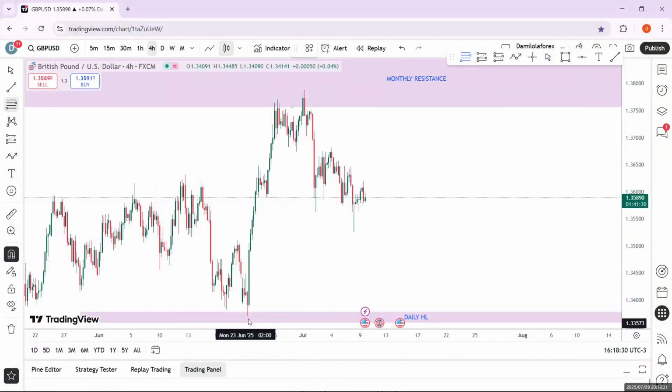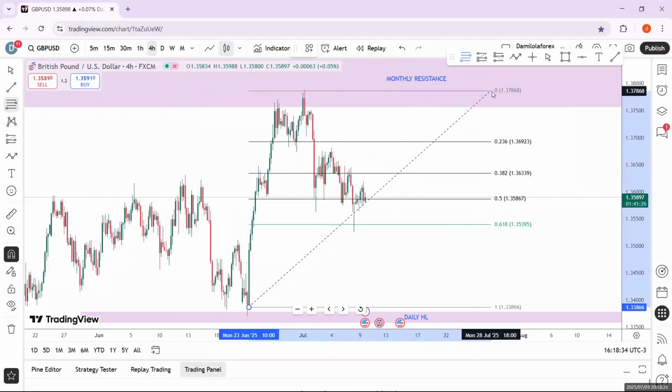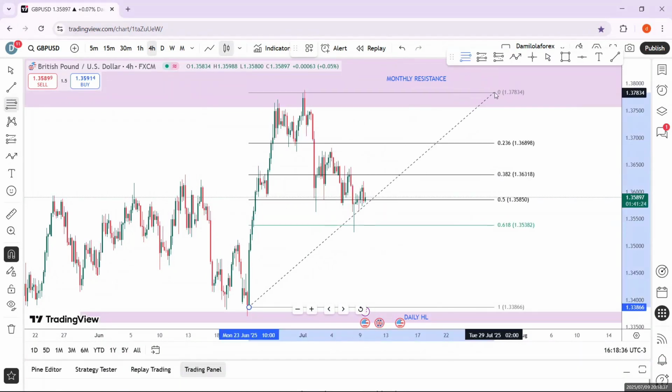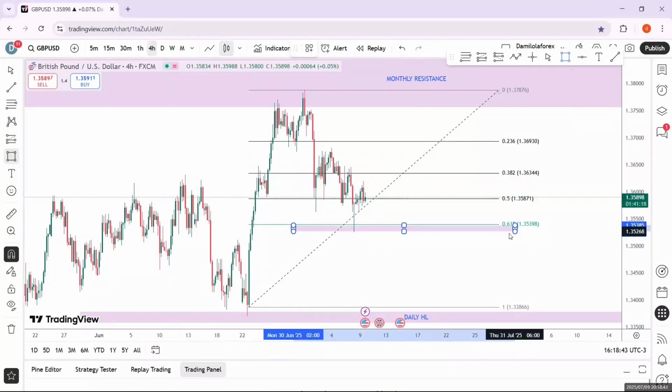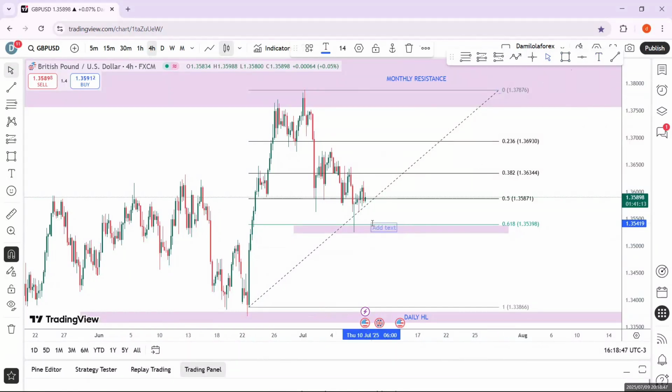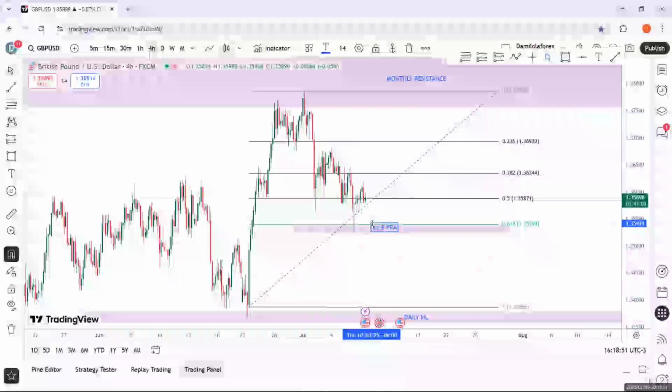But either way, let's identify our areas of reversal within this structure circle from the low to the high. One thing is certain, price has kissed the 61.8. So this level here is the 61.8 potential reversal area.